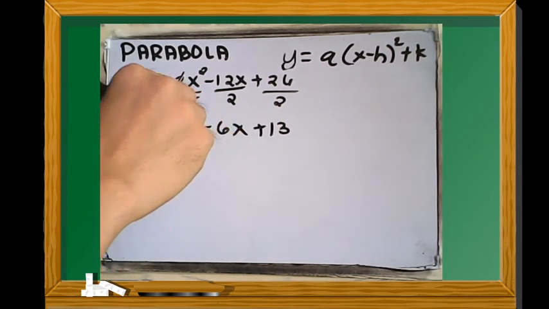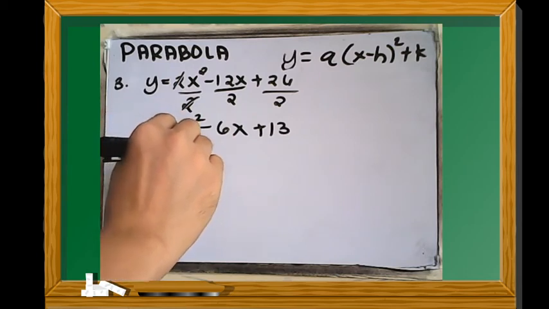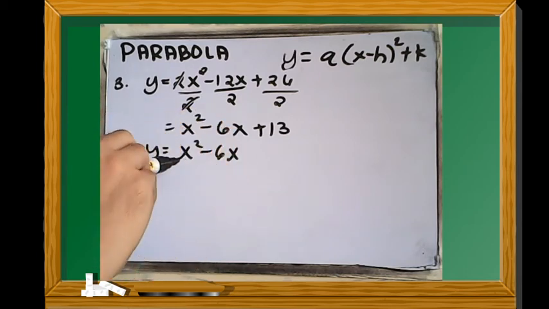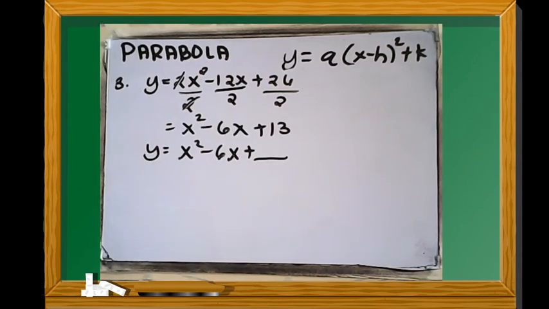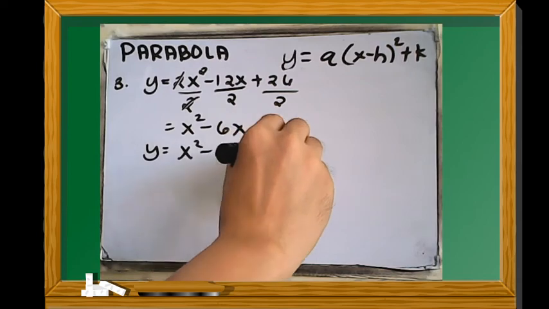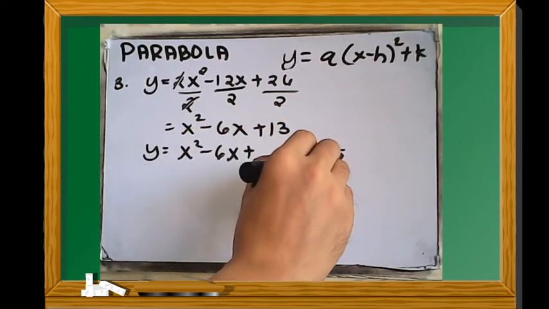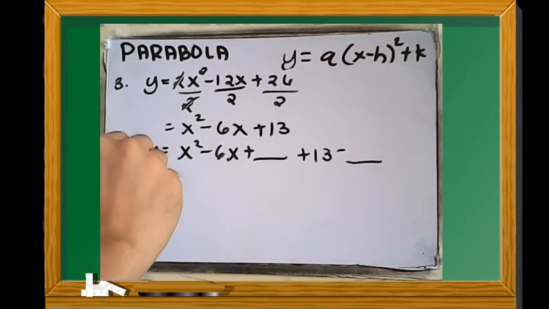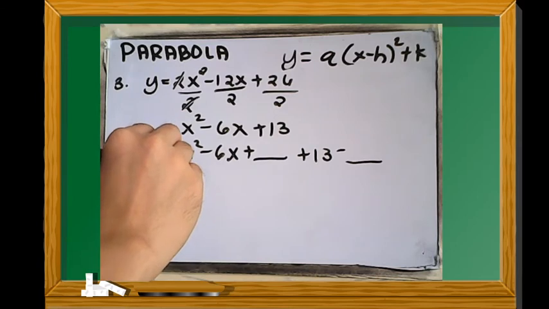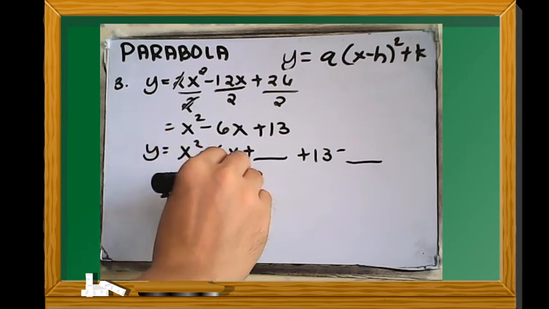So dito, ganun ulit yung gagawin natin. Y is equal to x squared minus 6x. So we will make it a perfect square trinomial by adding a third term. And then we will just copy plus 13. And then since we add a number here, we will subtract the same number here. And then x squared minus 6x, we just copy that.